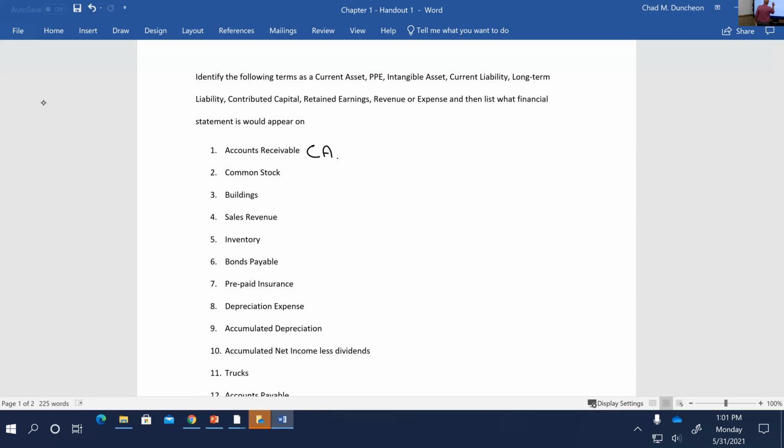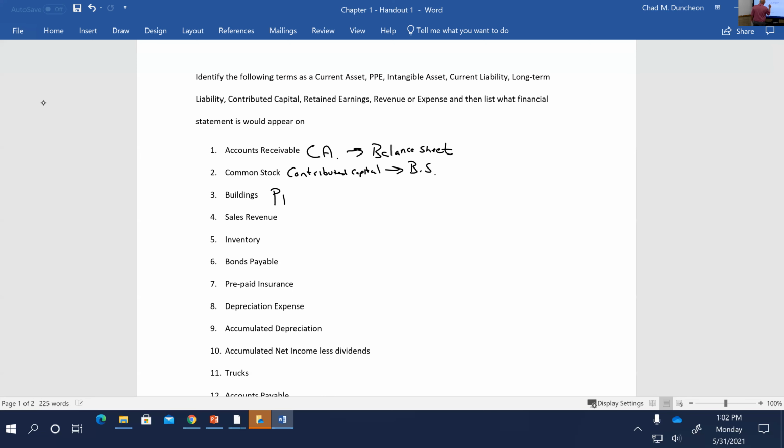All assets are found on the balance sheet. From now on, I'm just going to put BS for balance sheet. Common stock makes you part of an owner when you sell stock. That is contributed capital. It is considered equity, so it is also found on the balance sheet.